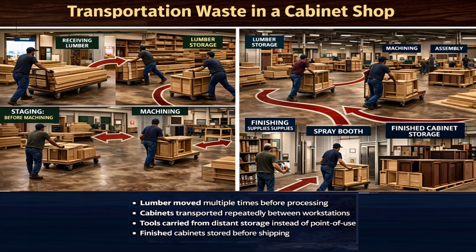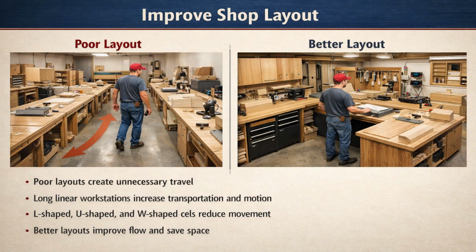Or even sending finished cabinets to a storage area before shipping. Or maybe having finishing supplies stored in a separate building from where the supplies are used at the spray booth. It could also be a linear workstation as compared to an L-shaped workstation, where the worker has to move up and down the linear work table to get materials or tools, versus standing in one position and hardly ever having to move to perform each step.